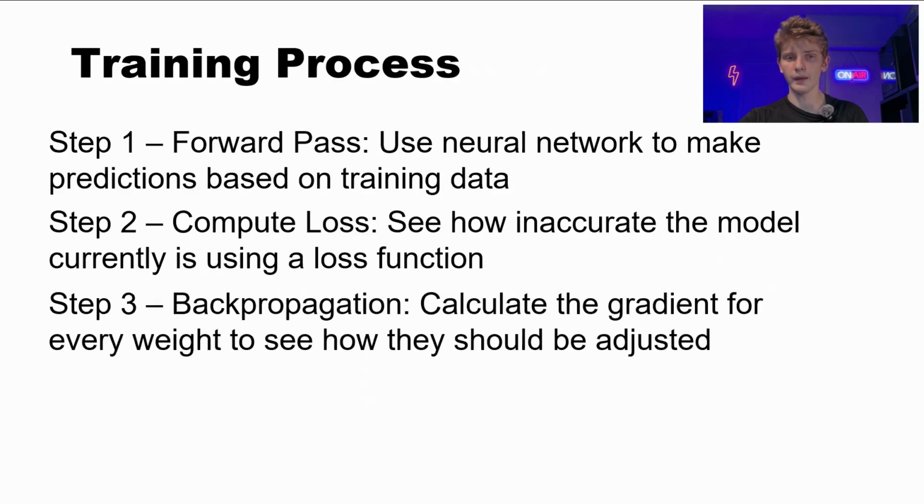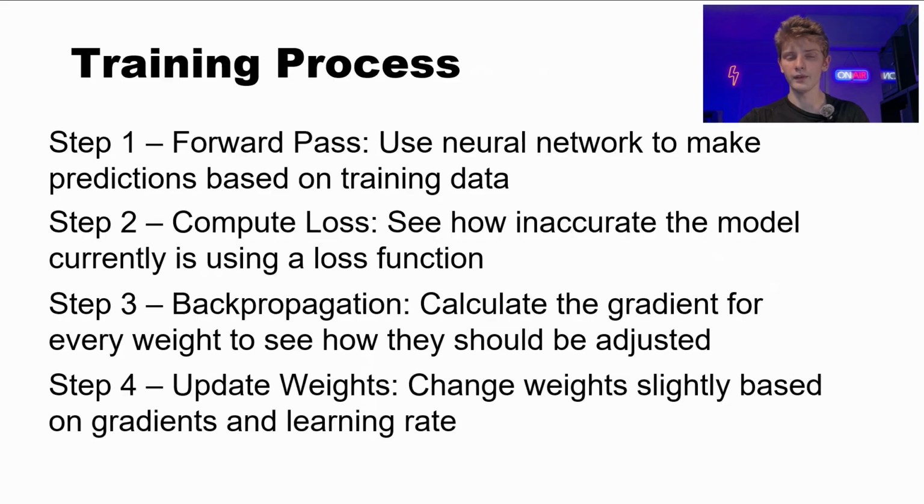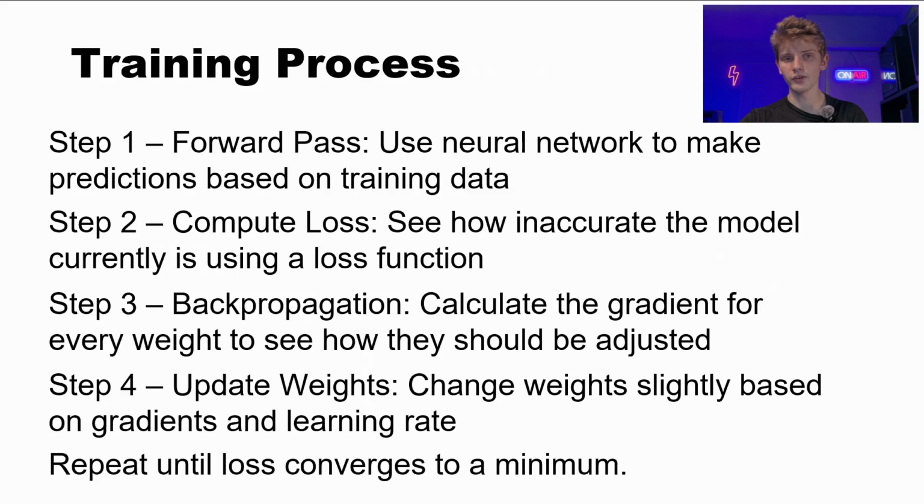Then through the process of backpropagation, we calculate the gradient of each weight, and that essentially tells us how we need to adjust our weights so that our neural network could be more accurate. And then we do just that. We update our weights, and we keep repeating this process until eventually we get a neural network that's accurate. Now, again, in the context of CNN layers, our weights are actually our filters.